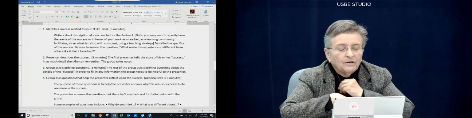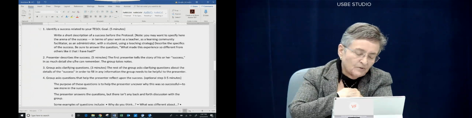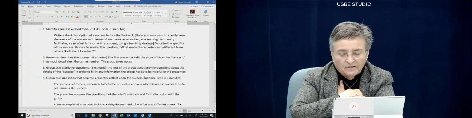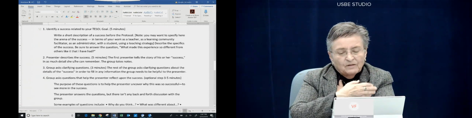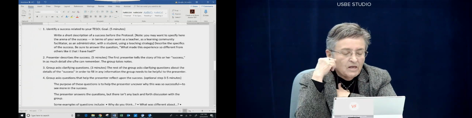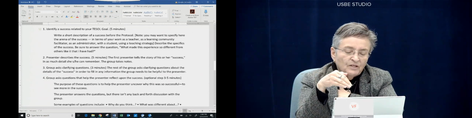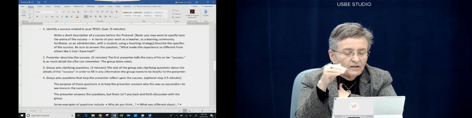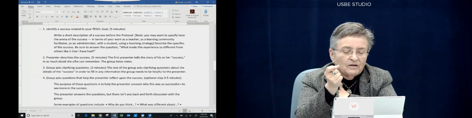Now, the protocol, and the person who created this, and I've used this many times in the 1990s with people all over the country, gives you a little note, and it says you might really want to specify the area for the success. So is it in terms of your work as a teacher, as a learning community, as an administrator, a facilitator, whatever it happens to be, with a specific student or using a teaching strategy.